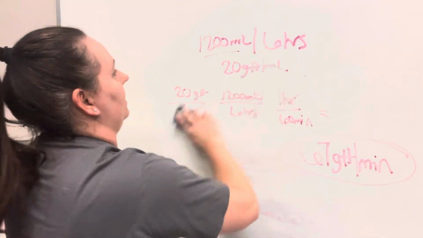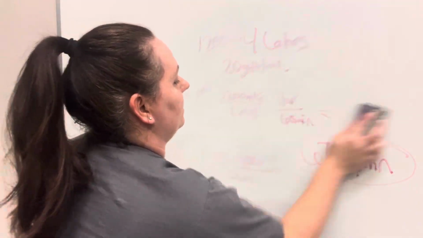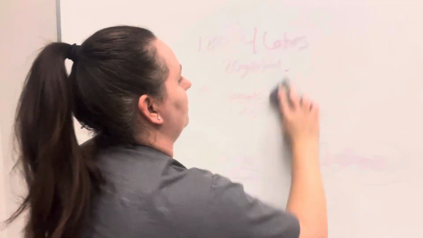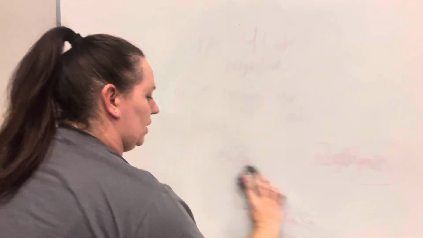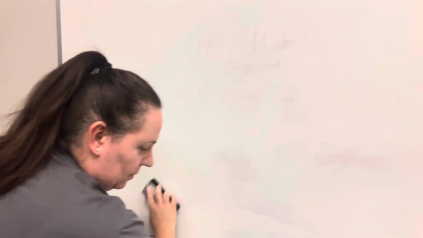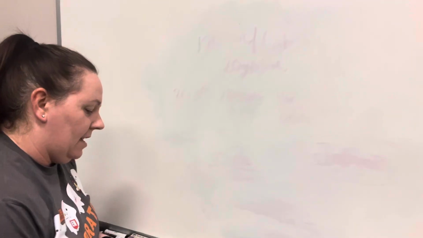Alrighty, let's see. We can go back and see if there's anything else we can do. Anything a little harder, anything we could throw some more different types of questions in there, maybe some advanced calculations. How about we're doing a heparin drip? Let's do that.